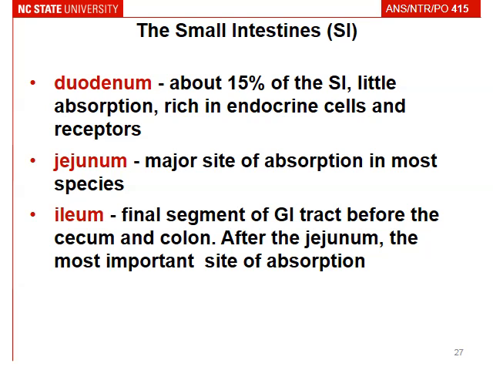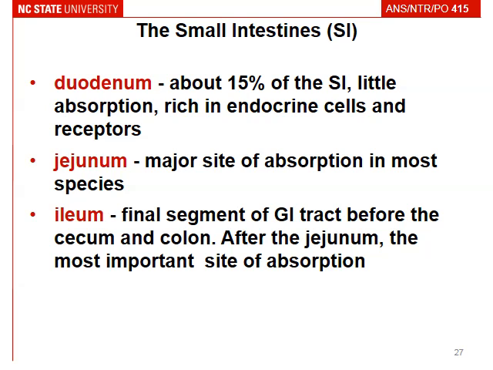There's very little absorption that occurs within the duodenum, and it's very rich in endocrine cells and receptors. The next section is the jejunum, and this is where the majority of absorption is occurring in most species. So the duodenum is where you have the secretion of the enzymes.